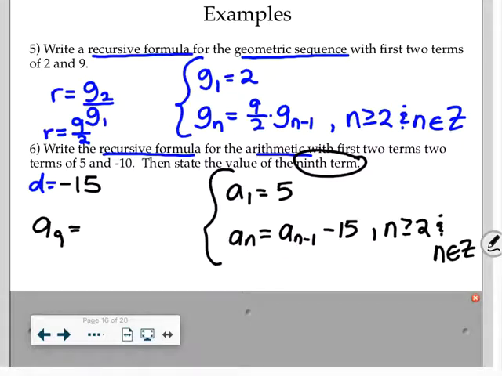Well, I can keep subtracting 15, or you could go to an explicit formula and figure it out. What'd you guys get? Anybody get it? Yeah, Lillian? I got negative 115. Yep, that's what I got. Negative 115.